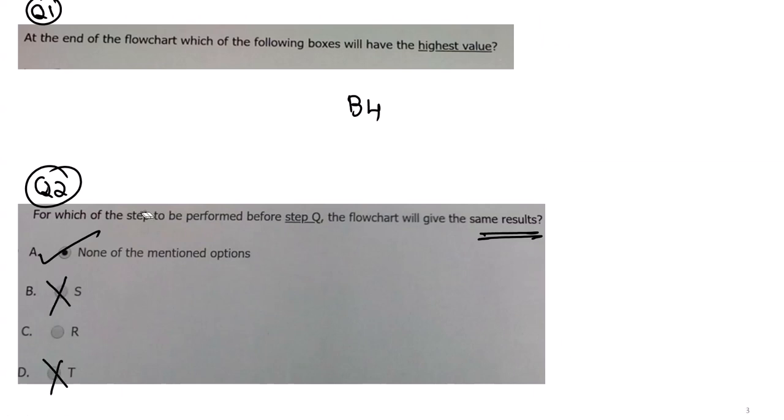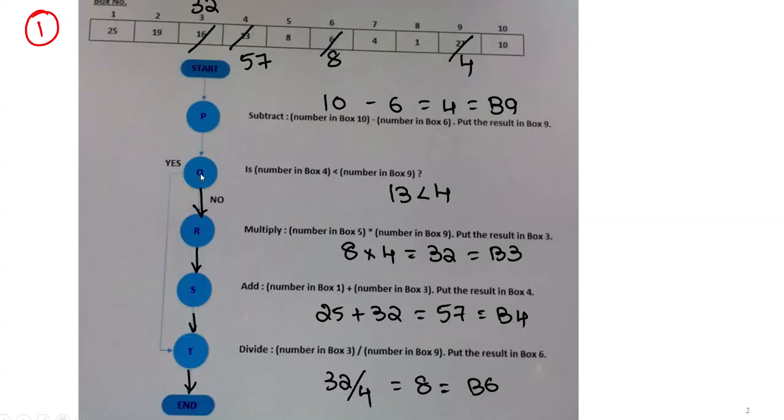Guys, help me. Is it none or do we have to go for R? Before step Q, if R is before Q and after P, assuming after P and before Q, already number in box 5 is 8, number in box 9 is 4, 8 into 4, 32, that won't disturb.